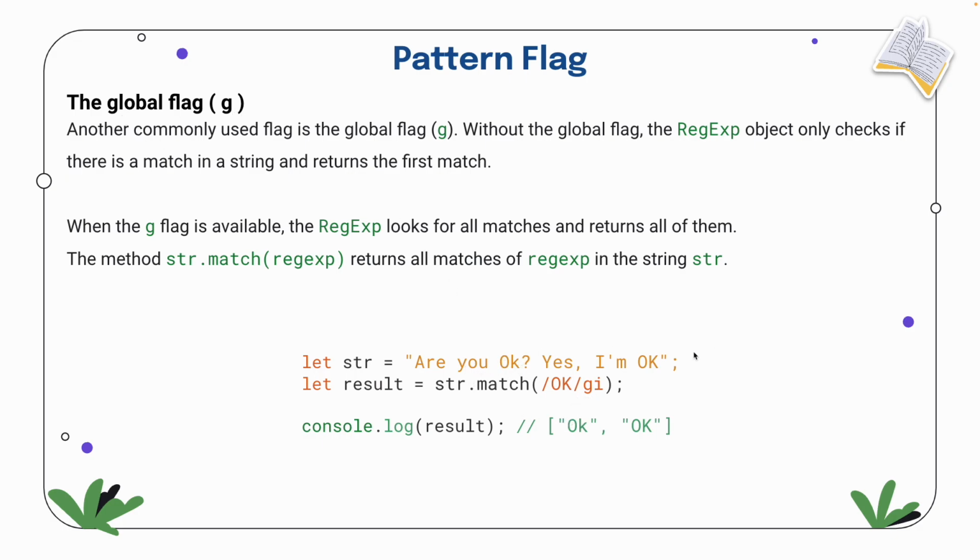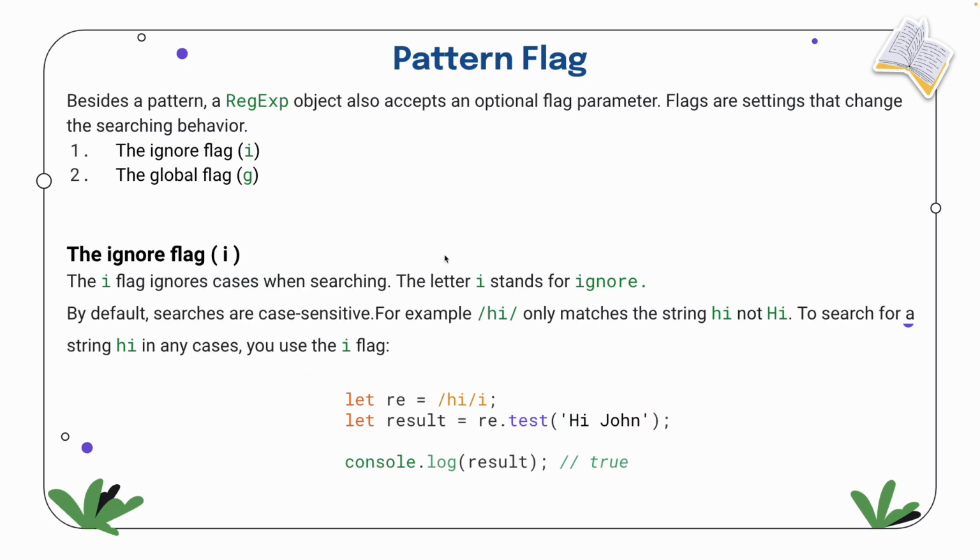With gi, meaning global search with ignore case, either ig or gi, any format is fine, it will search inside this string and return all the matching things, and we have to do it using the match method. So global search and ignore case, these two you have to remember.